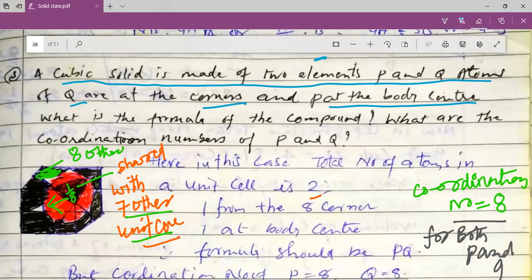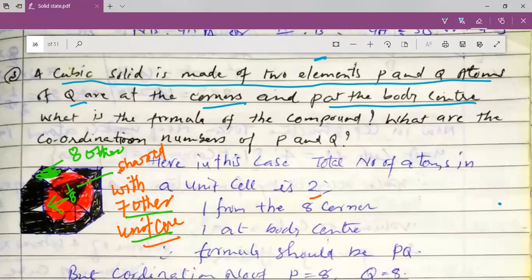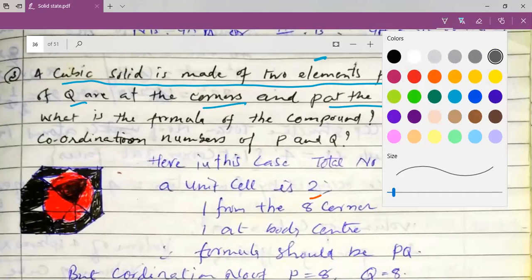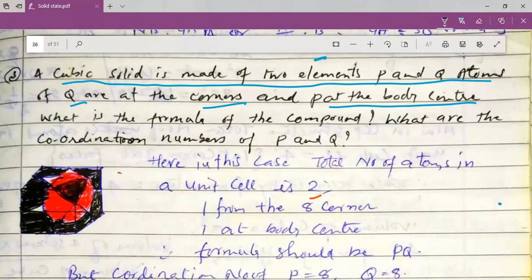Now we want to think about, my dear students, the formula of the compound. So when it comes to the formula of the compound, you can look into this particular unit cell. You can see that at each corner we have 1/8 parts. So at each corner, 1/8 of 8 is equal to 1 of our Q. And this is P, which is already present, 1 inside the cubic cell.